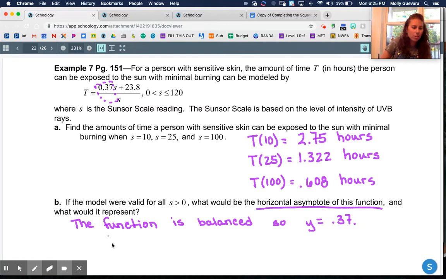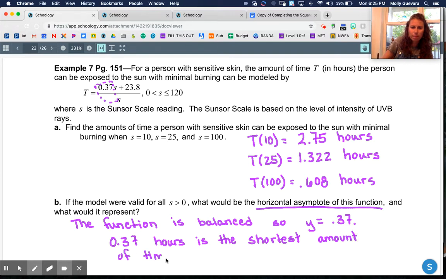Okay. So 0.37 hours is the shortest amount of time for minimal burning.